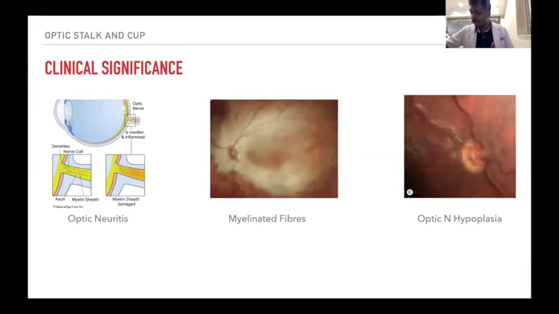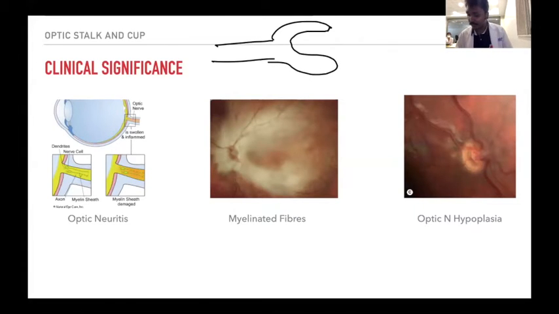And you might also see that I have mentioned two other conditions, myelinated fibers and optic nerve hypoplasia. Why is it happening? Again, we have our optic stalk and optic cup. You have to remember the nerves grow inward, whereas the myelination occurs in the opposite direction. So the myelin sheath condenses over here, condenses over here. Technically, it should stop at one point, which is known as the lamina fibrosa.